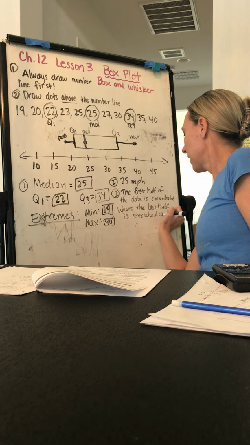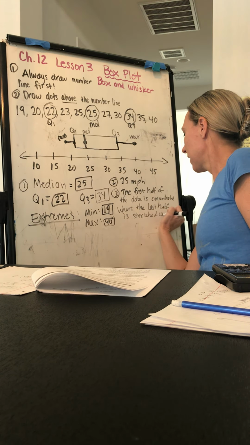So then the next one, under 3B, it says, what percent were driving faster than 34 miles per hour? So Bentley, let's see if you can figure this out. So you go to 34. It's asking what percent of the data was driving more than this? What percent is that? Okay, so remember, what did this cut the data into? Right, quartiles. So 25% of the data is from here to here. The next 25% is from here to here.